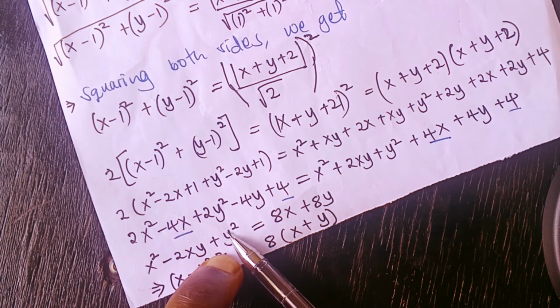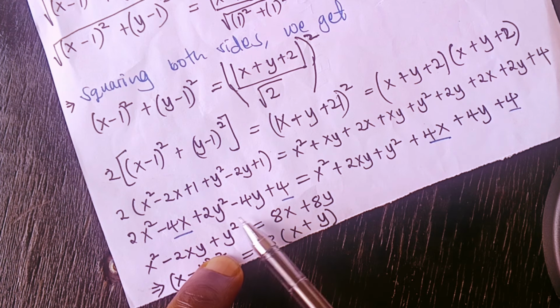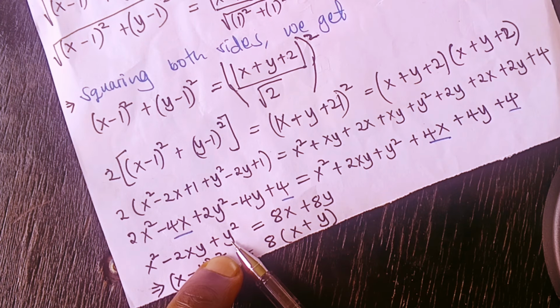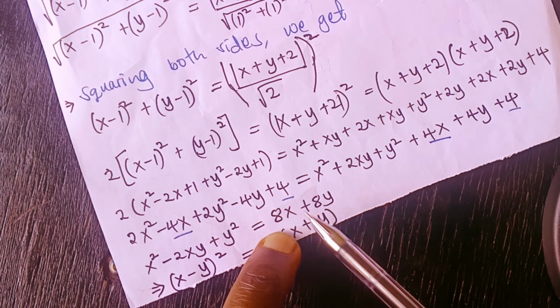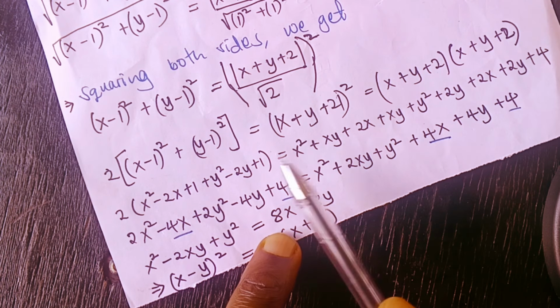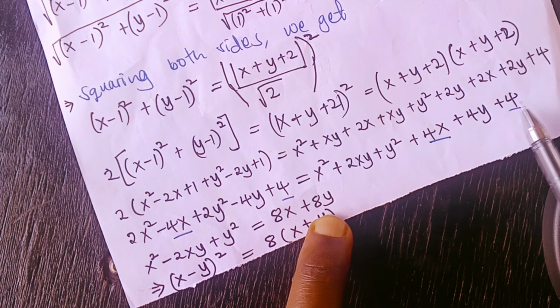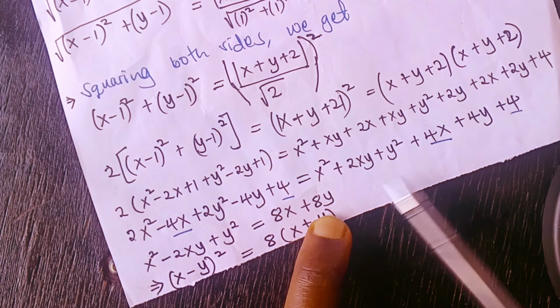Then 2y squared minus y squared will remain with positive y squared. Then it is equal to, if 4x moves to the other side it will be positive, which will be 4x plus 4x, which is 8x, and 4y plus 4y, which will be 8y.